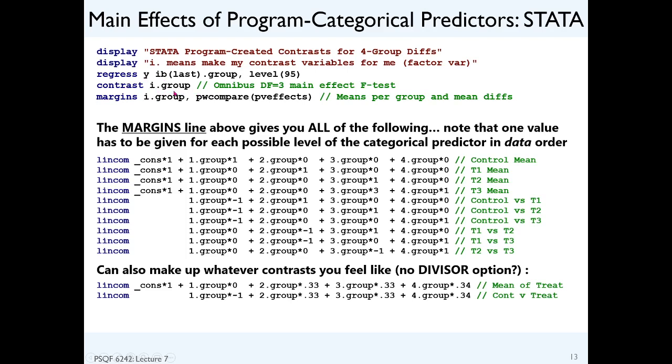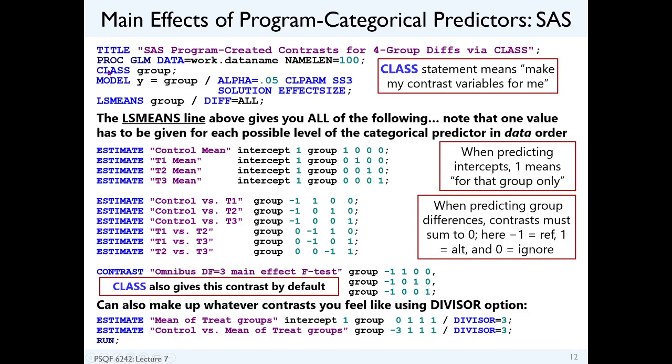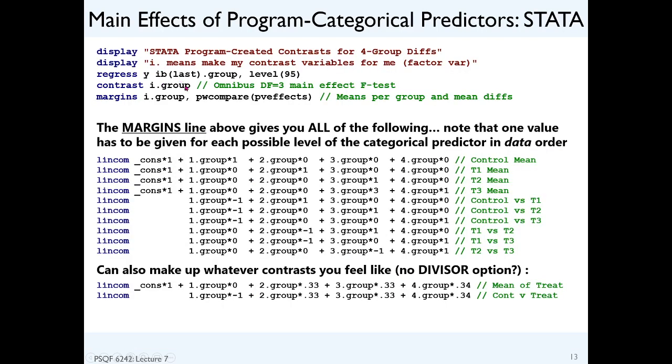So lumping all the individual contrast variables together, 3 in this case, contrast gives you the F test that corresponds to that. So that would be the same thing that's automatically provided in SAS. You do have to ask for it in Stata. And then margins i.group would give you the group means, and then an option pwcompare, which stands for pairwise comparisons, would give you the group differences.